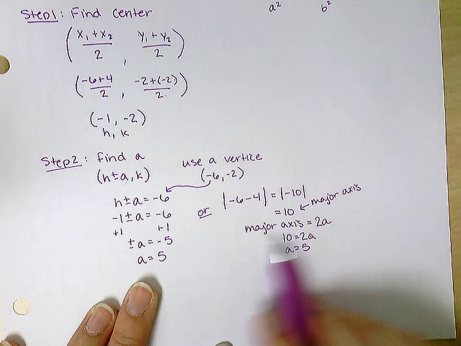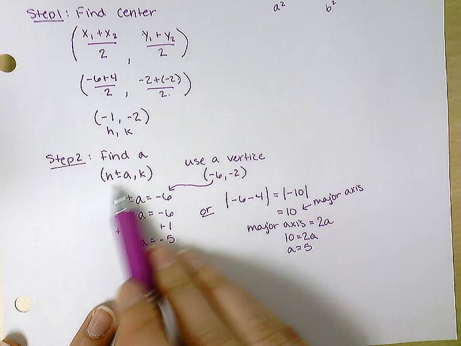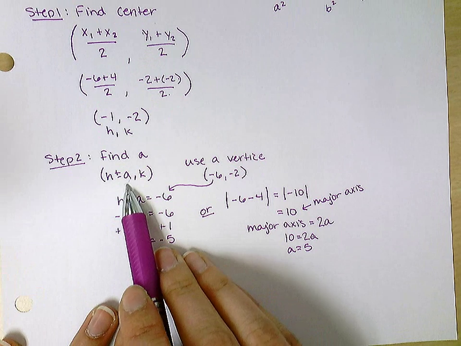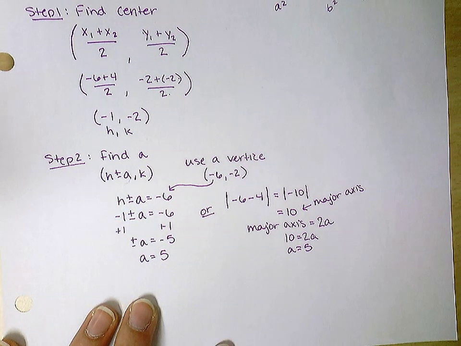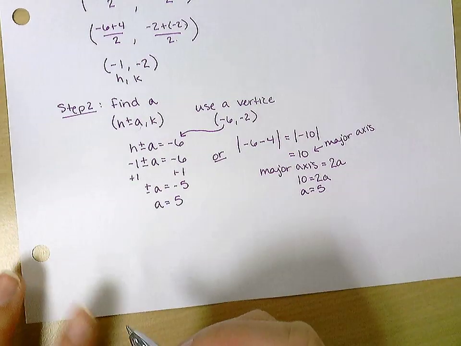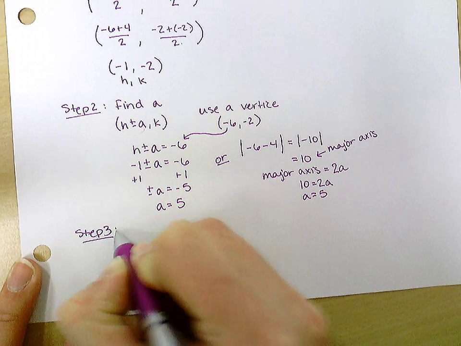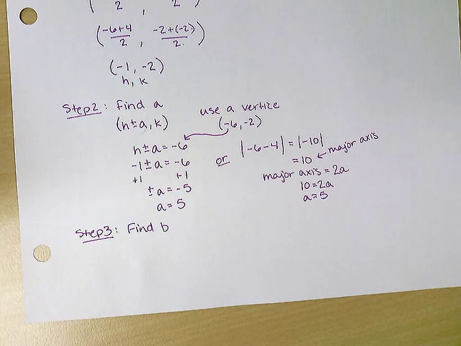You can either find your major axis and divide by 2, or you can use your coordinate from your vertex to find a. Now that I have a, I still need to find b. To find b, we're going to use a co-vertex.